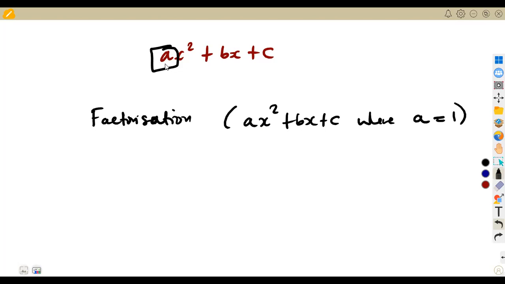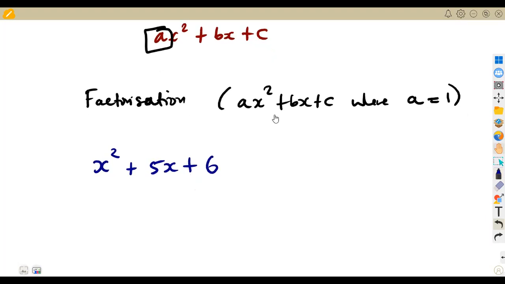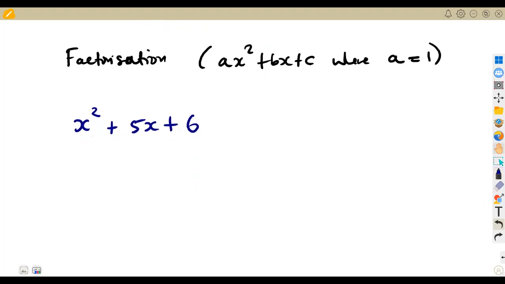For an example, let us say we have the expression x squared plus 5x plus 6. This is a quadratic trinomial that we are given, and you are asked to factorize.